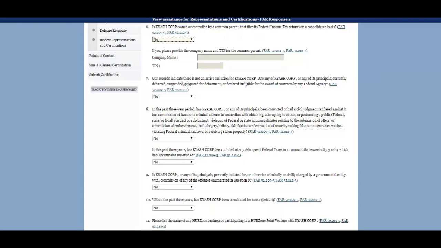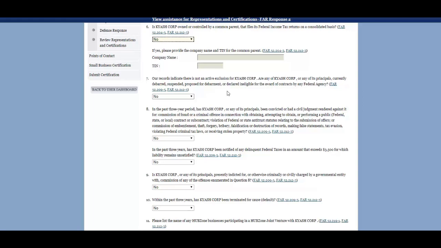Our record indicates there's no active exclusion for Irs Corp. Are any of Irs Corp or its principals currently debarred, suspended, proposed for debarment, or declared ineligible for the award of contracts by any federal agency? Thank God, no. You really don't want to be debarred, suspended, proposed for debarment, or otherwise declared ineligible.